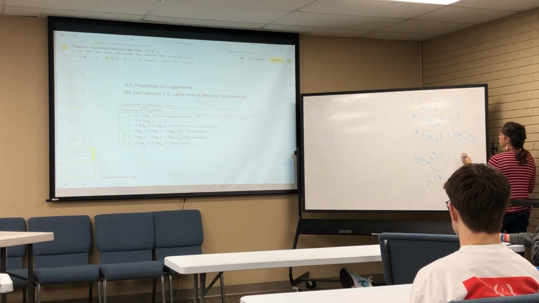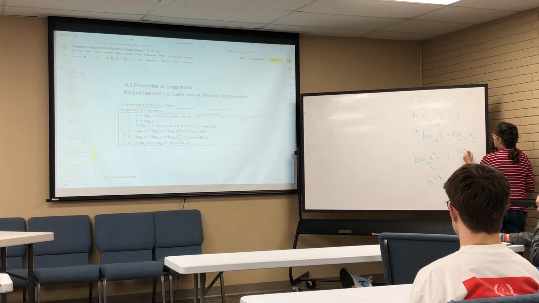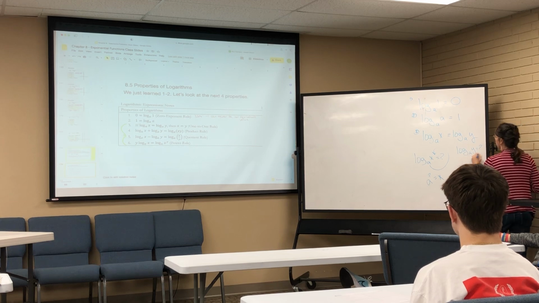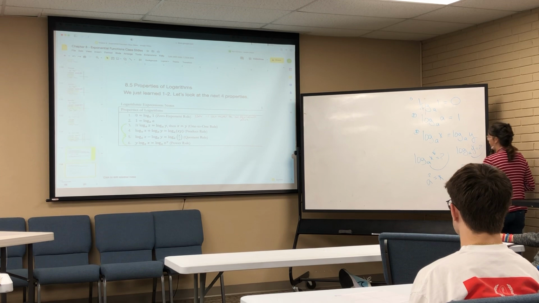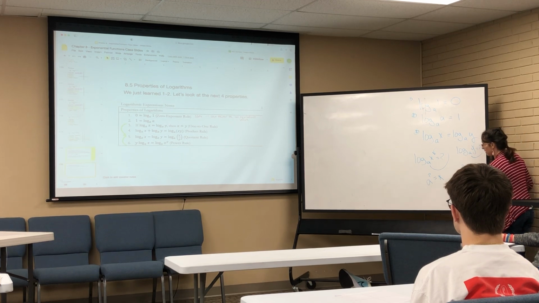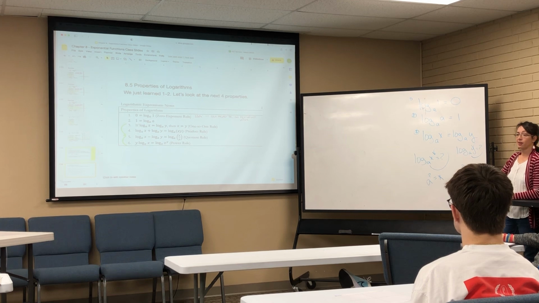If I rewrite the right side, and they have to be equal to the same thing, so it's equal to the same question mark. So now I do my log roll, and I have a to the question mark is equal to y. Well, if a to the question mark is equal to x, and a to the question mark is also equal to y, then that means x is equal to y. Everyone agree with me on that one?